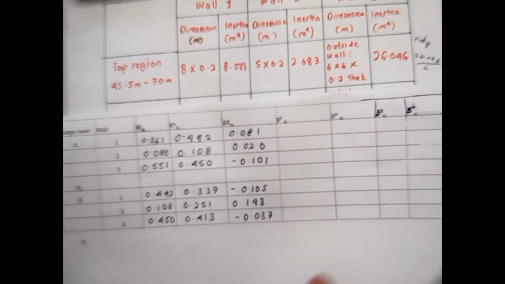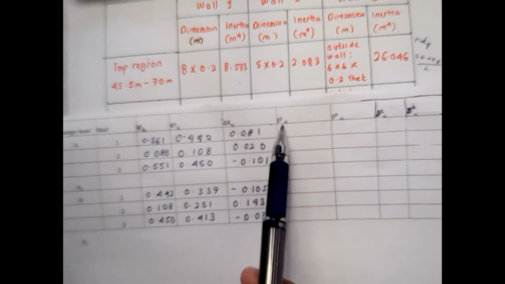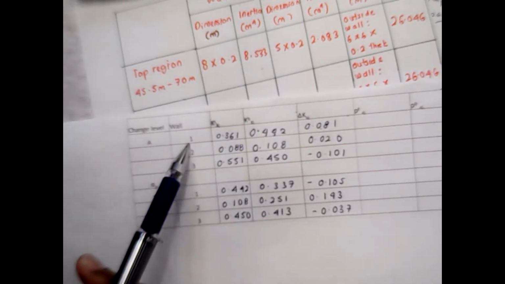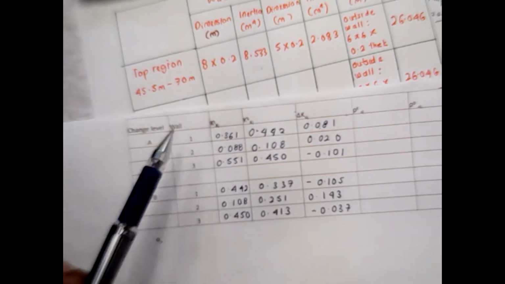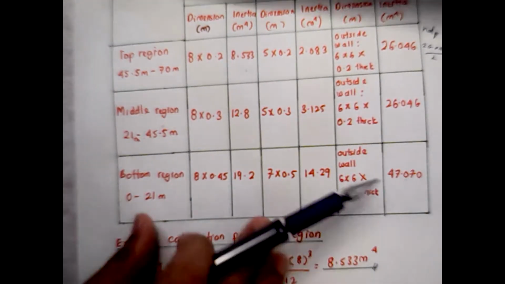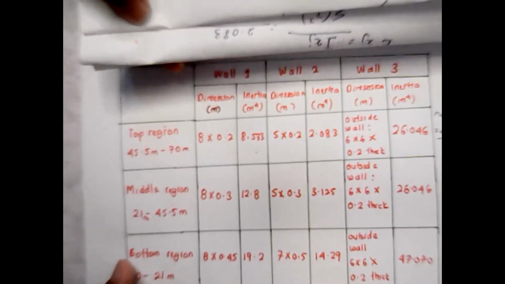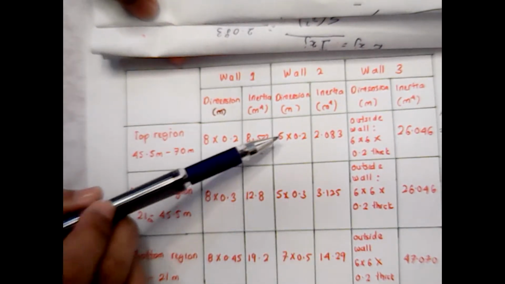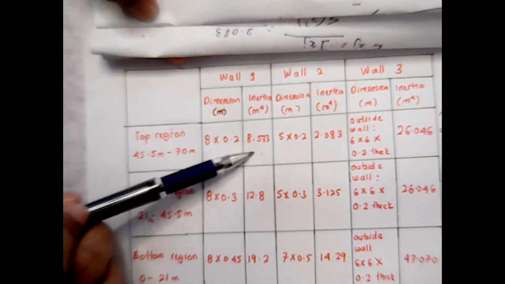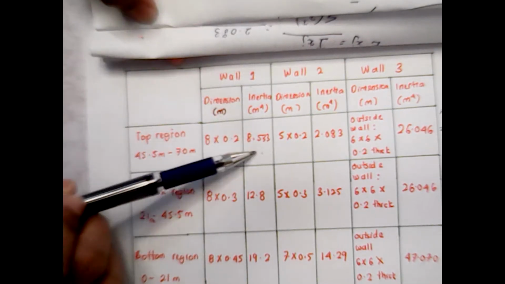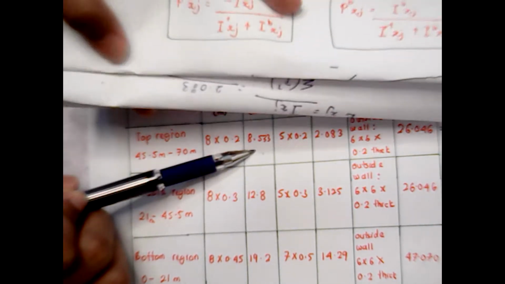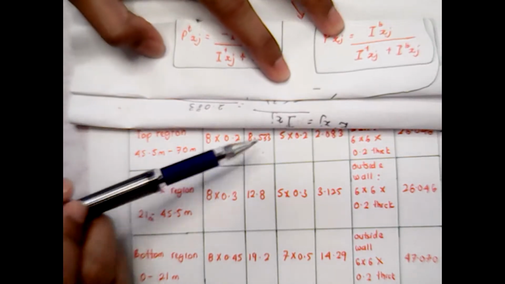So you are now calculating for ptxj for wall 1. So look at wall 1. Okay, so where is your wall 1? So wall 1, the initial is 8.3.